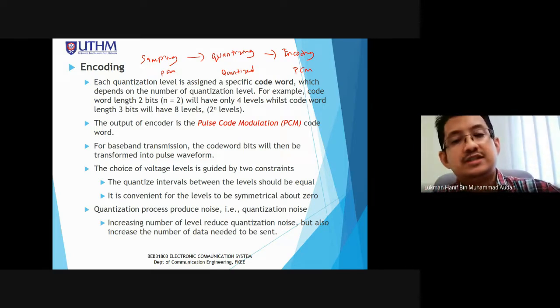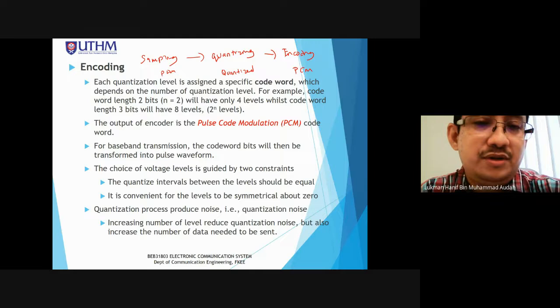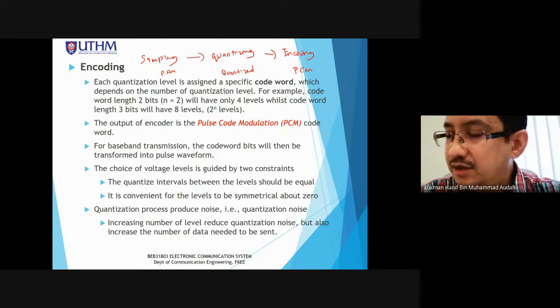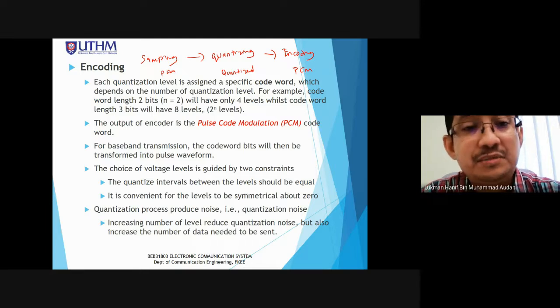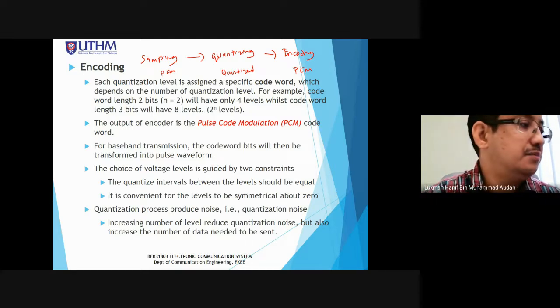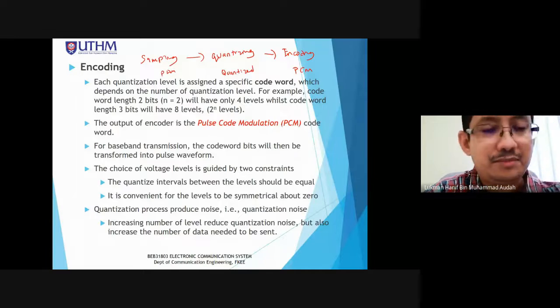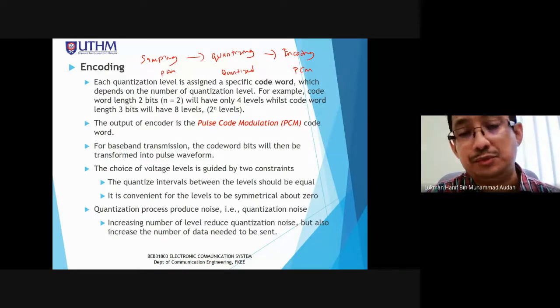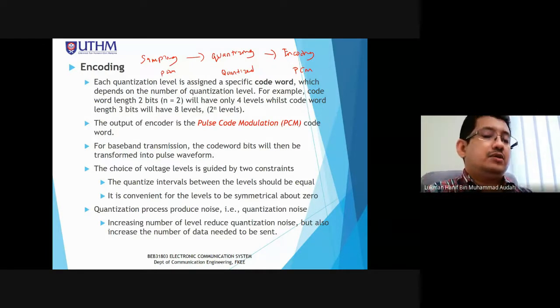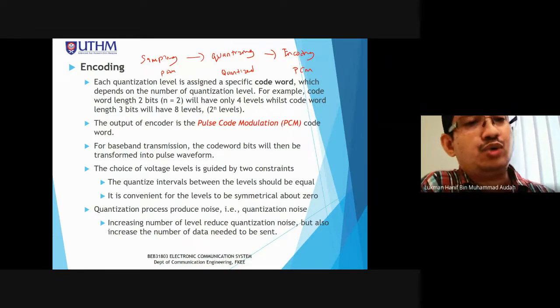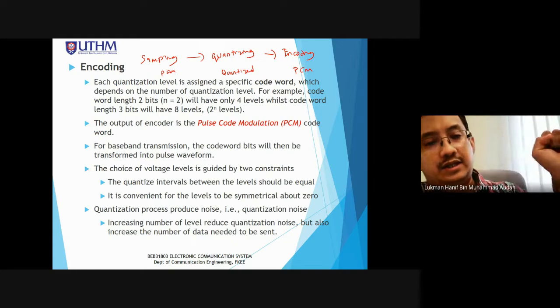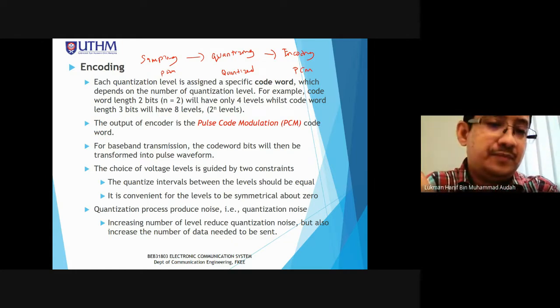Ini macam you punya dalam task, you punya final, dalam you punya assignment. Task number 2 berkenaan dengan PCM. Okay, berkenaan dengan PCM, Pulse Code Modulation. So, ini adalah proses yang ketiga untuk formatting, iaitu untuk menukar analog signal kepada digital code word.